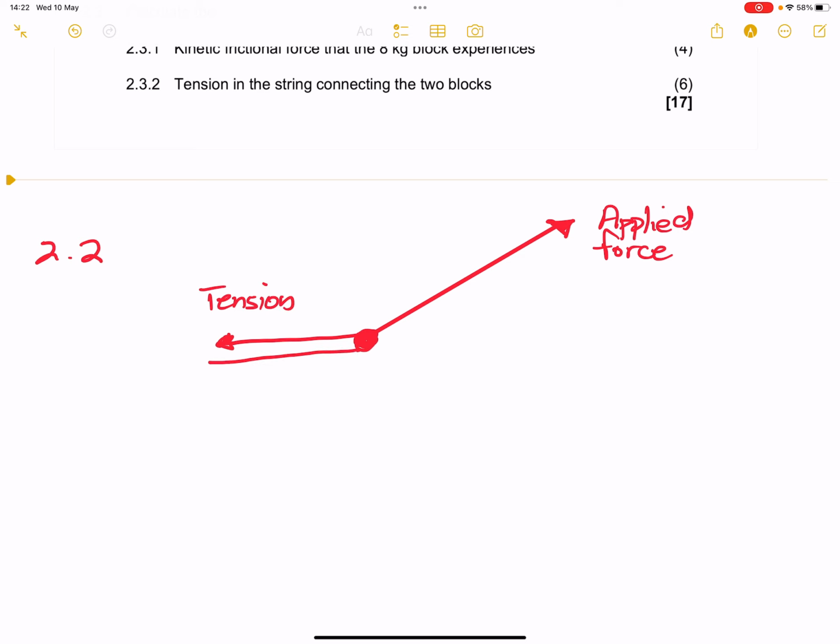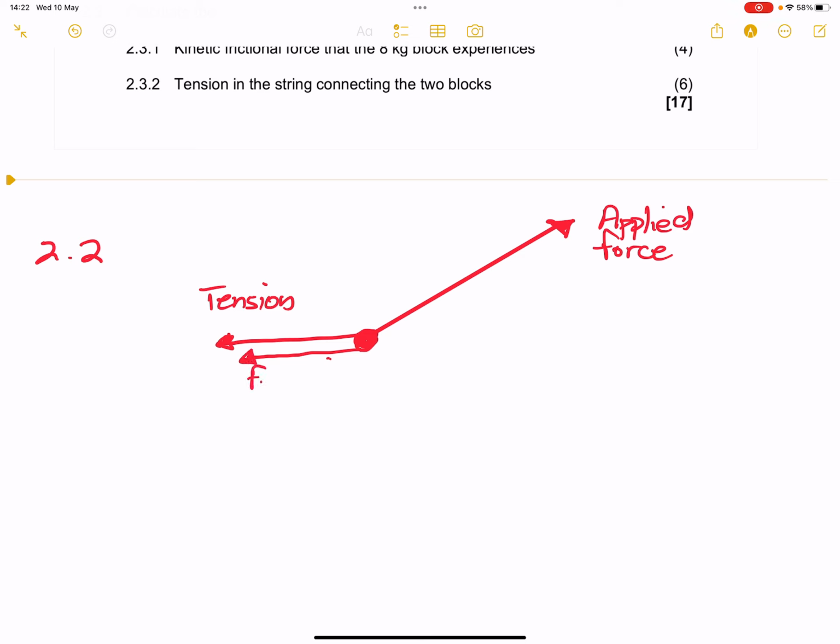But we also know that there will be frictional force, right? So we know in this case, this guy experiences friction. Right, let's remove that, and we've got frictional force there.